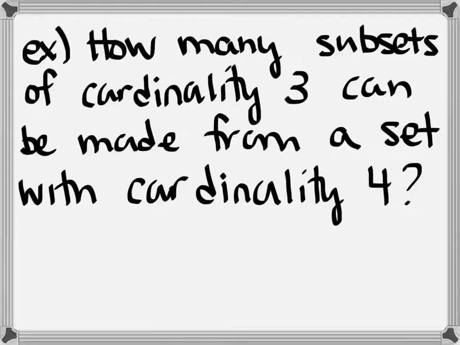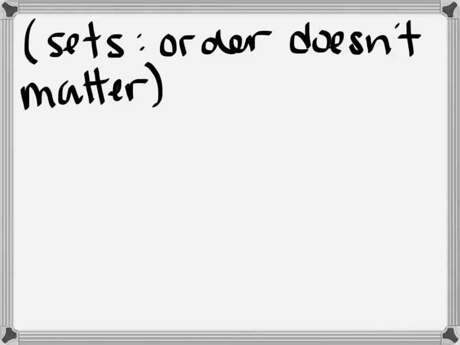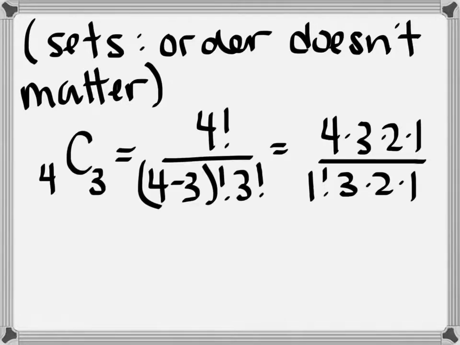But we're not interested in the number of total subsets, we're interested in the number of subsets with cardinality 3. With sets, the order doesn't matter, and so this turns out to be a combination problem. We want to find 4 choose 3. In other words, we have 4 elements and we want to choose 3 of them.